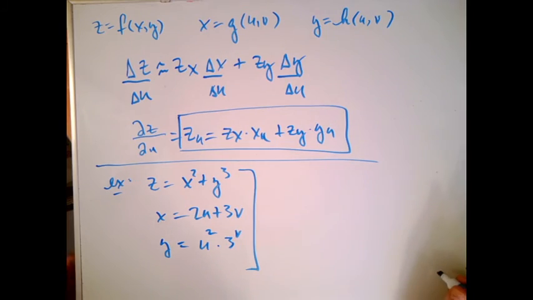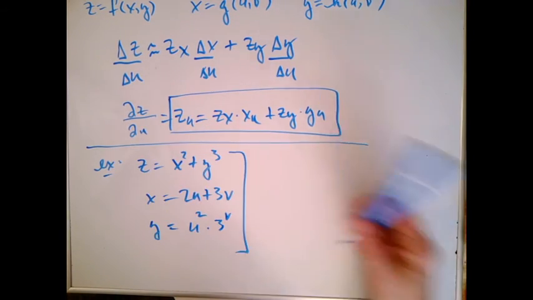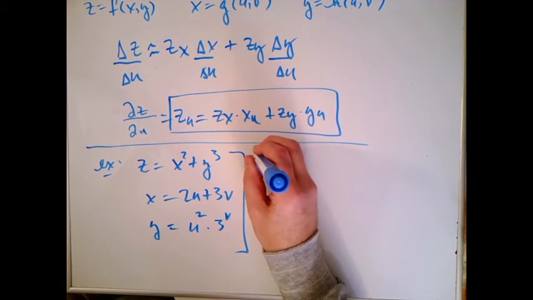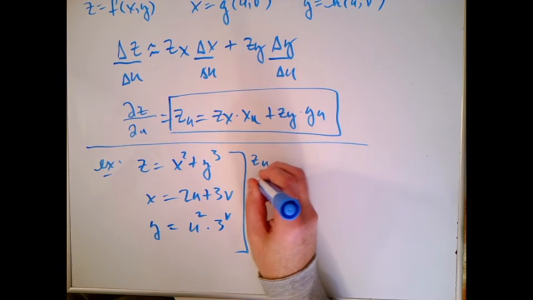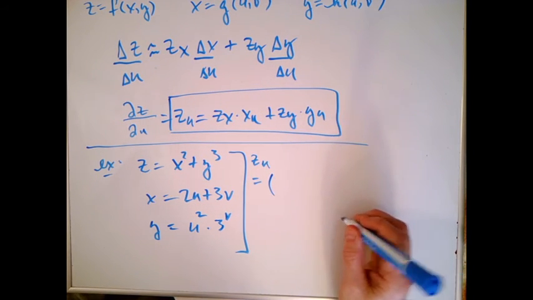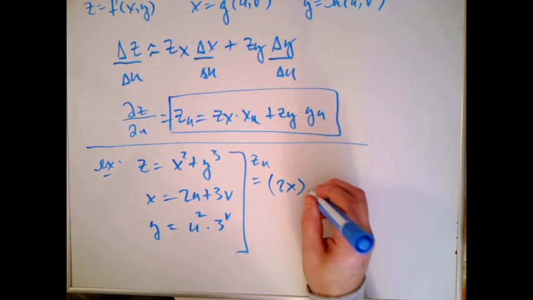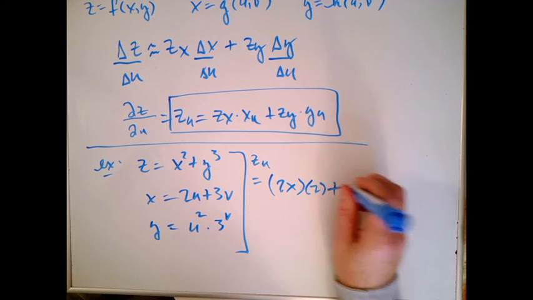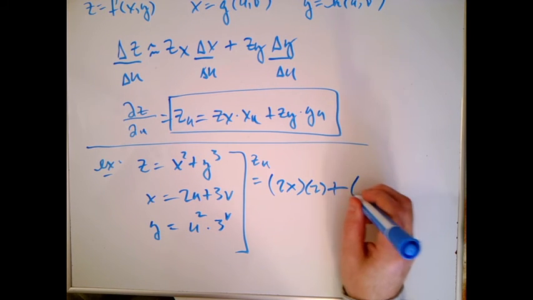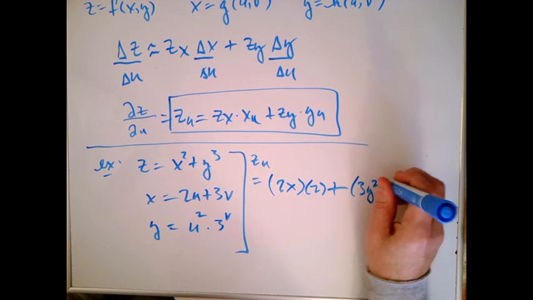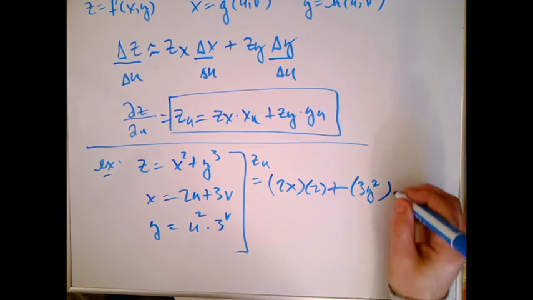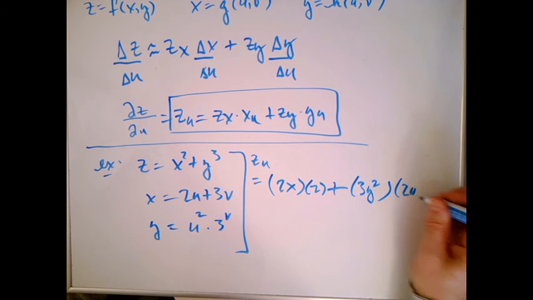Now if I want the partial derivative of z with respect to u, I just need to start plugging in stuff. So here we go. Partial derivative of z with respect to u is zx, well that's just 2x, times xu, well that's just 2, plus zy, well that's just 3y squared, times yu, that's going to be 2u, 3 to the v.